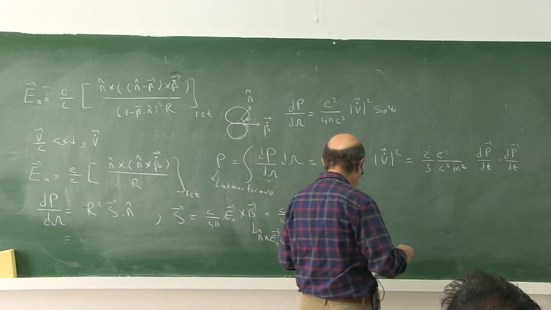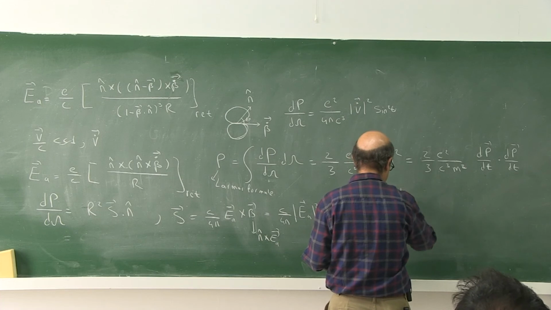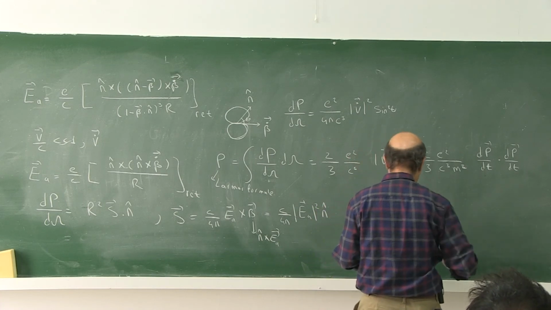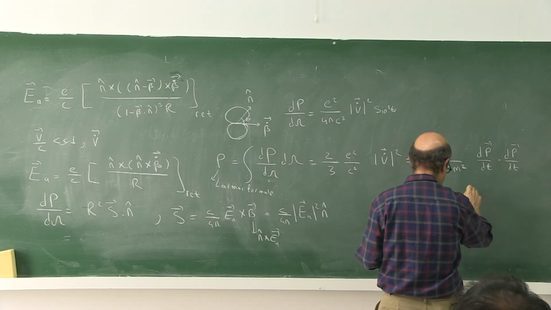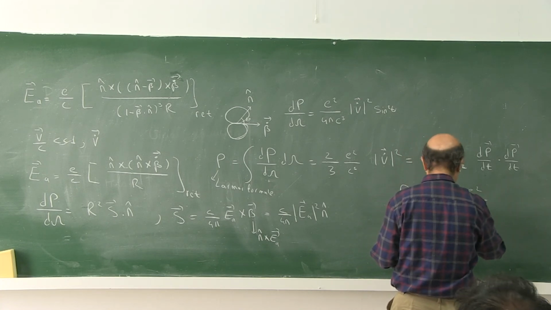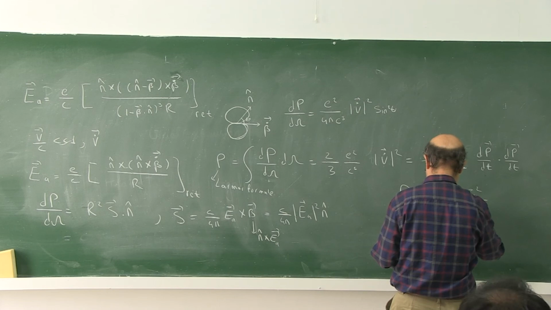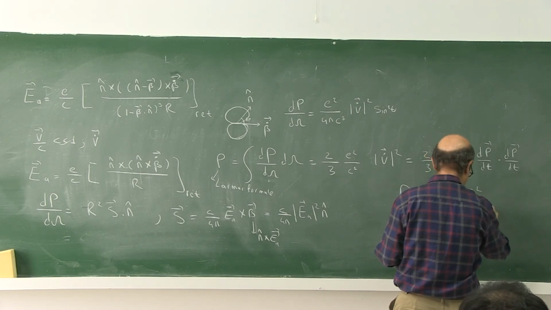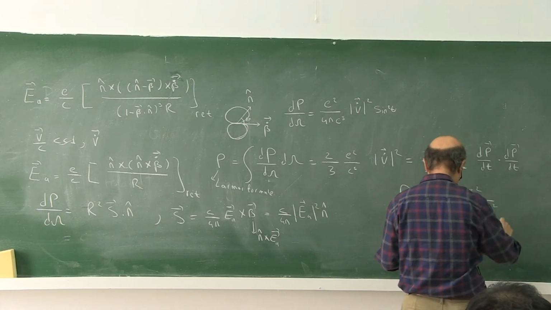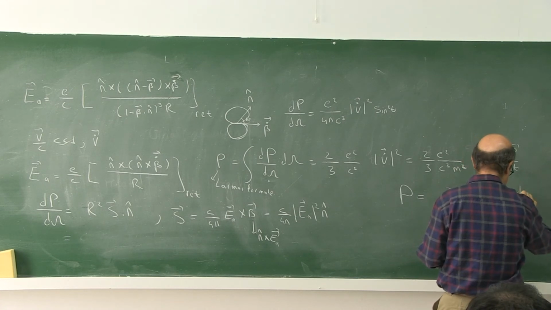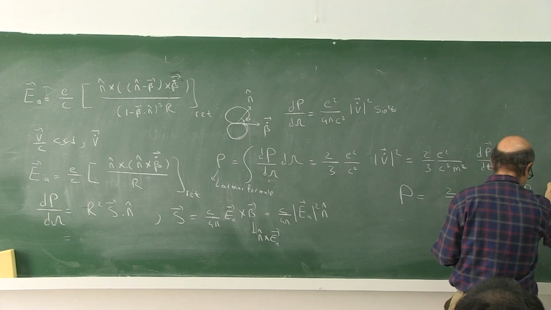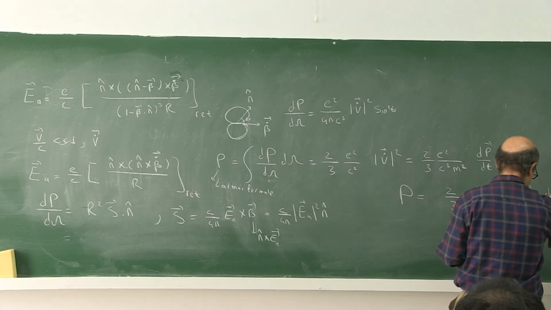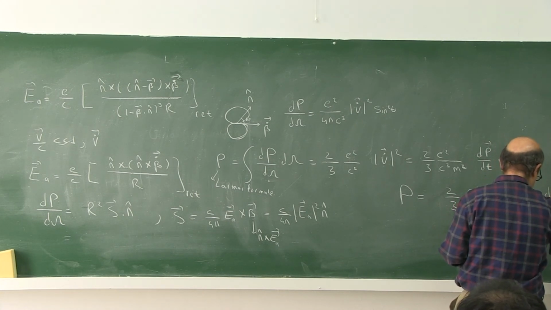The relativistic form could be written as 2 over 3 e squared over c cubed m squared times dp mu over d tau times dp mu over d tau.